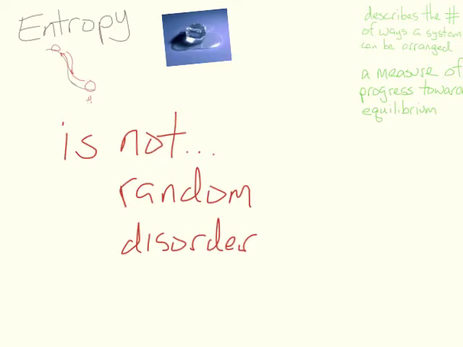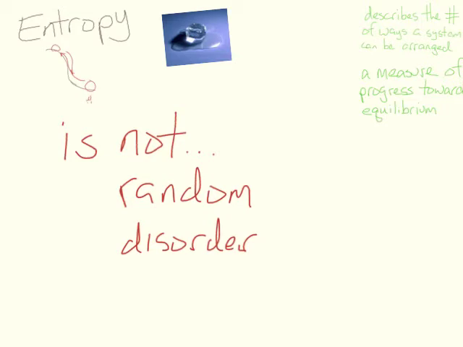Entropy also is maybe not best described using the term disorder. Because again, if something is disordered, it's really hard to quantify. It's really hard to put a number to the state of that disorder. So I want to try to get us to move away from the idea of randomness and disorder.